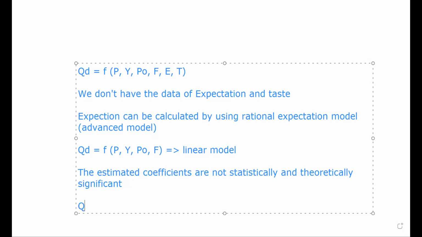We can run it again with a non-linear one: income and income squared, for example, other prices and family size. So here we can test the relationship.